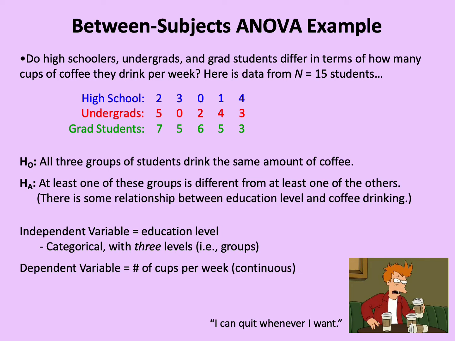So again, the first step in the process when we calculate our F statistic is simply going to tell us there is a relationship or there is a difference. Okay? At least one of the groups or at least one of the levels differ significantly from another one of the groups or another one of the levels.